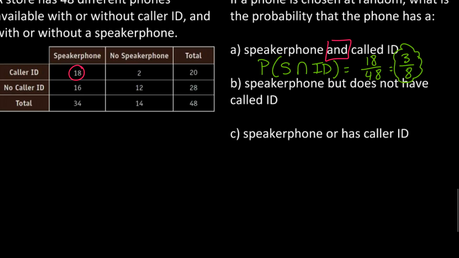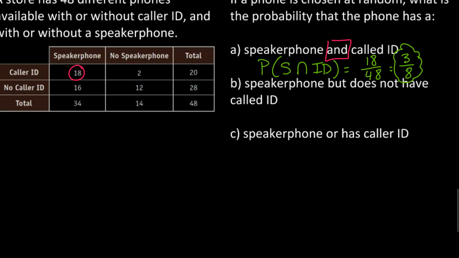It's "and". Speakerphone but does not have caller ID. It still wants both of these things, doesn't it? You can't just have speakerphone because that doesn't include the not caller ID. Even though it doesn't literally say the word "and", you should think about it and understand that it still wants both of these things to happen at the same time.